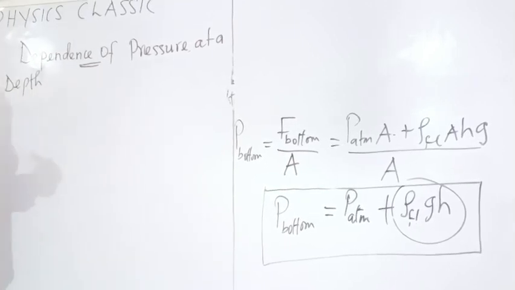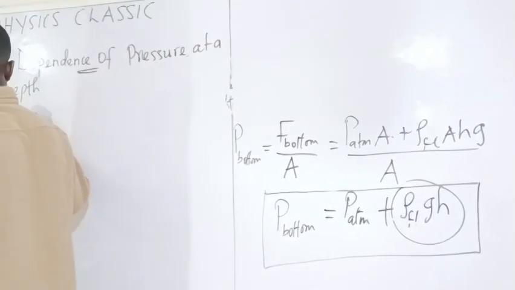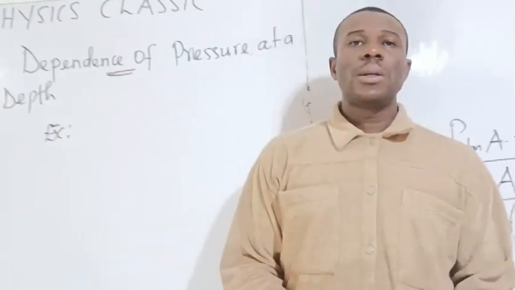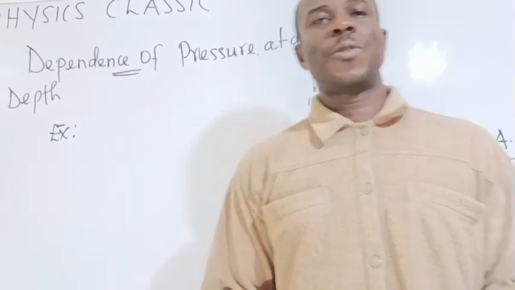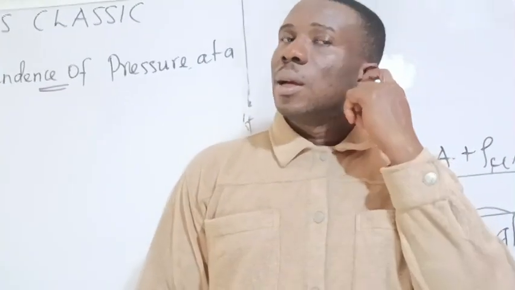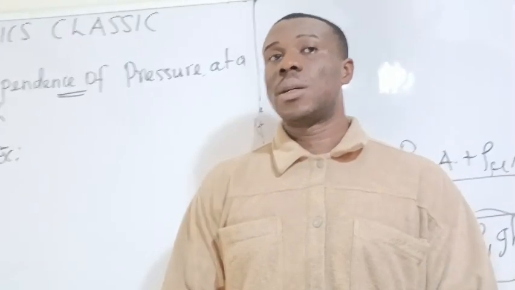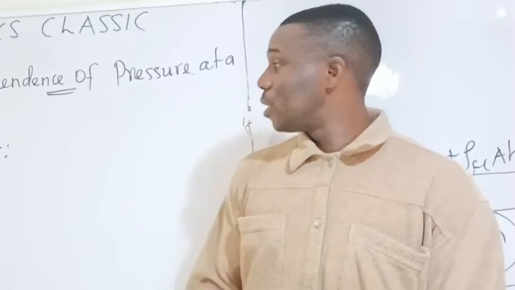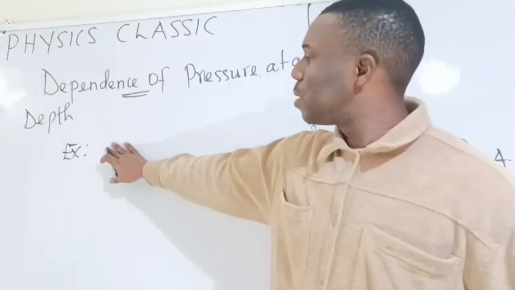Now, take for example a given. The Titanic was found in 1985 at a depth of 4,000 meters. And of course, it was found in the North Atlantic Ocean. So I'll take some quantities there.